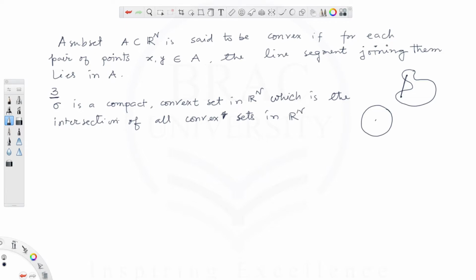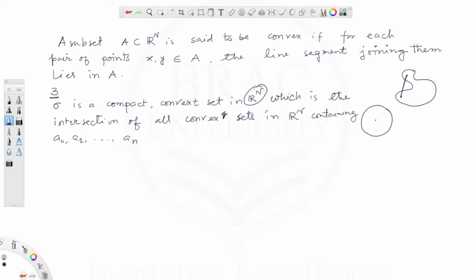containing these n plus 1 points, A0, A1 all the way up to An. These are n plus 1 points in this Euclidean space, and there are many convex sets containing them.